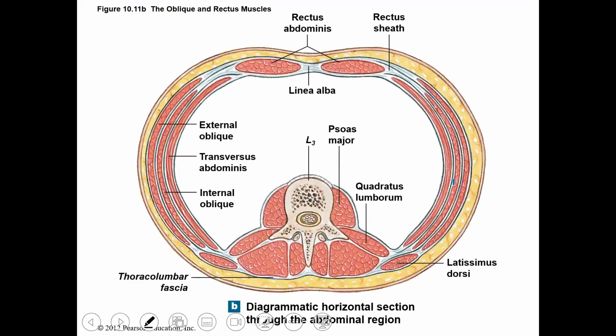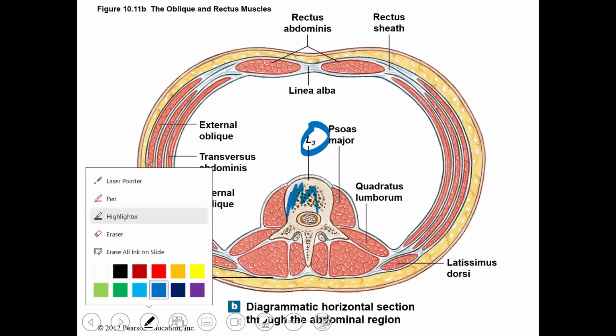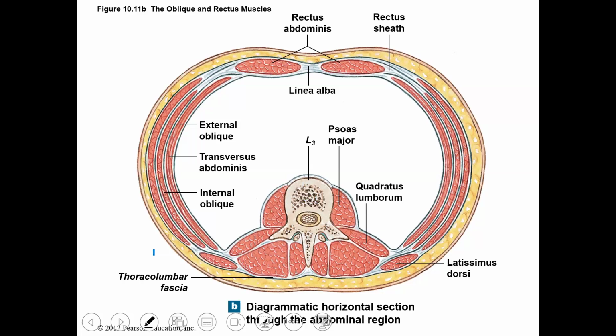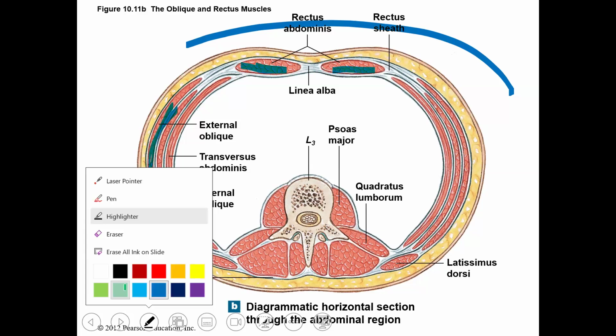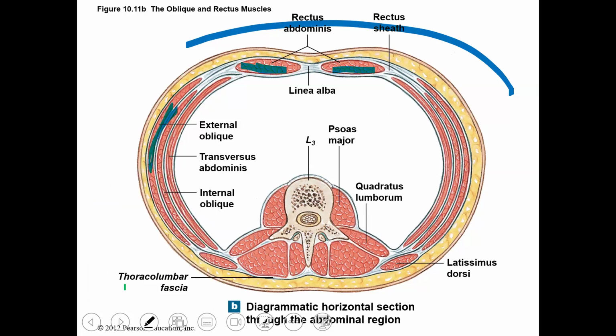And you can see a viewpoint here. This is the L3 vertebra here. So this is going to be a horizontal section or a transverse cut through the abdomen here at L3. And we're going to see the front here. So you can see rectus abdominis here. Okay. And then you can see the external obliques. You can see the internal obliques, and you could see the transverse abdominis.